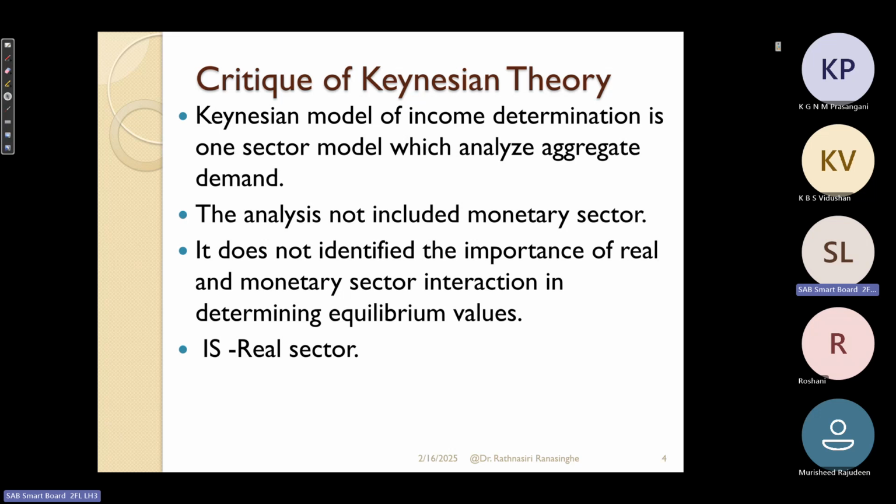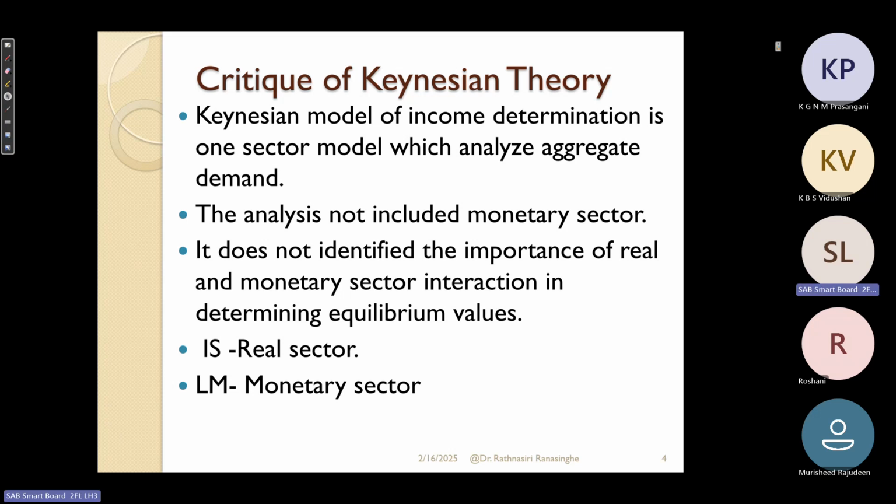IS represents the real sector. I means investment, S means savings. Those two variables represent the real sector. LM means the monetary sector. What is L?